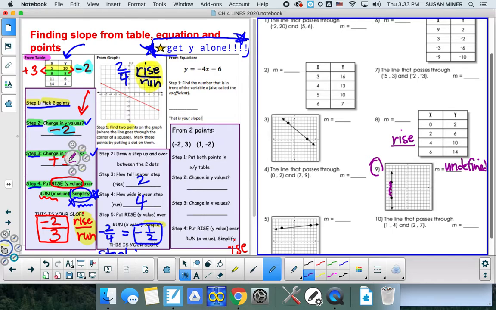So the rise is 5. The run, there isn't any run. It's 0. And if I put in my calculator 5 divided by 0, what do you get? Pause the video, put that in your calculator, see what you get.